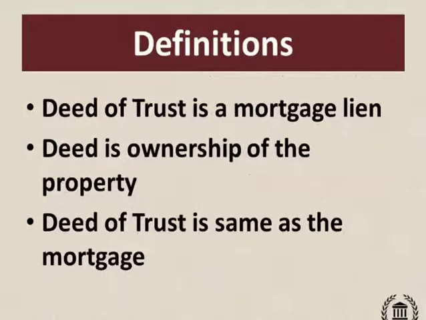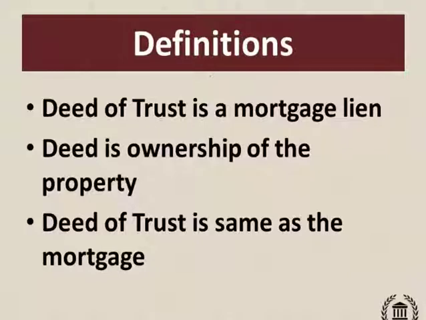All right? So the only basic difference between a deed of trust and a mortgage is the process by which it is foreclosed. Don't confuse warranty deed, the ownership of the property, or a quitclaim deed, ownership of the property, with deed of trust. A deed of trust is a mortgage lien, or security instrument, or collateral instrument.